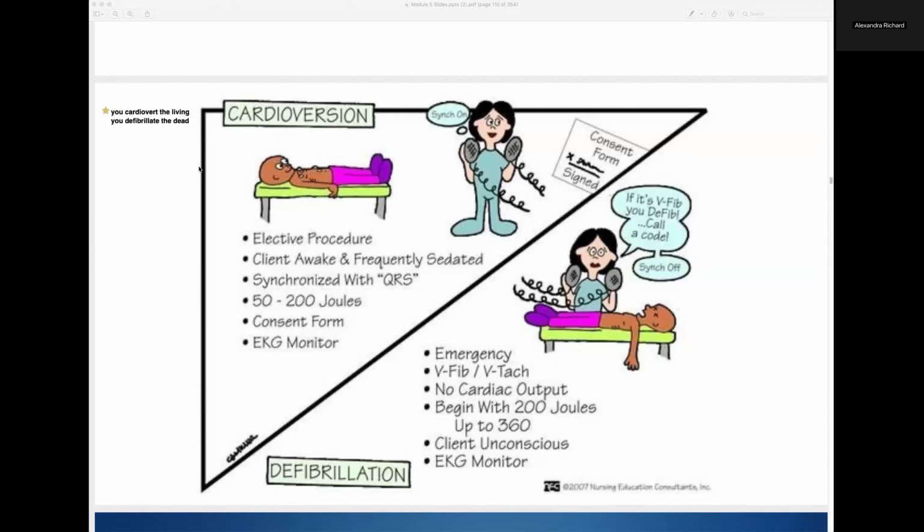Okay, so write that down. You cardiovert the living, you defibrillate the dead.